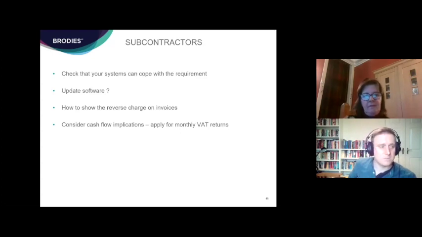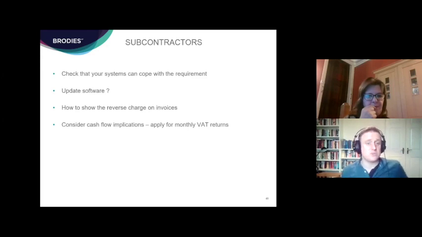In other words, if my supplier is a builder's merchant from whom I'm buying lumber and bricks, they will be charging me VAT. So my outgoings are still the same, but I don't have that working capital sitting in the bank that I can use to fund things temporarily. The answer to that, because most subcontractors in that position should still be able to recover VAT overall, is to apply for monthly VAT returns.